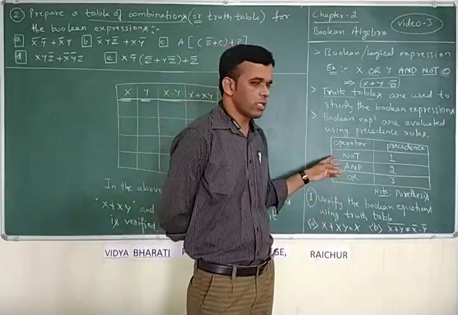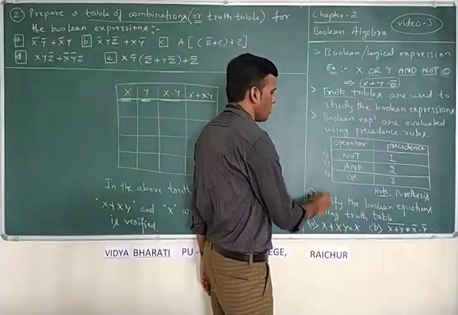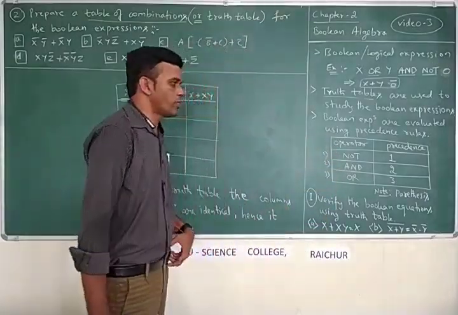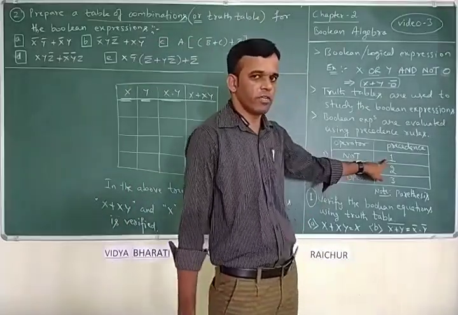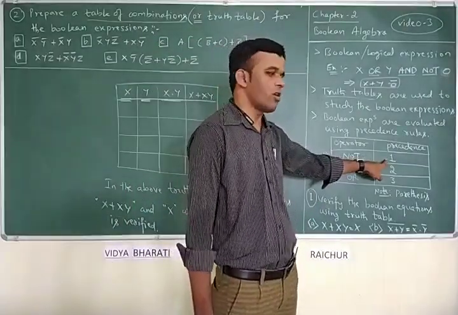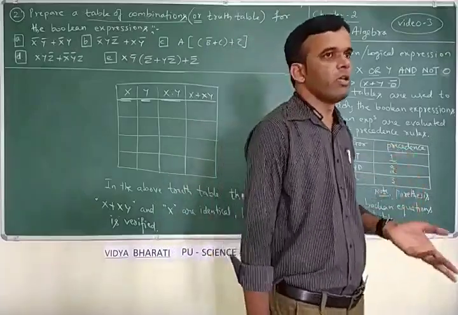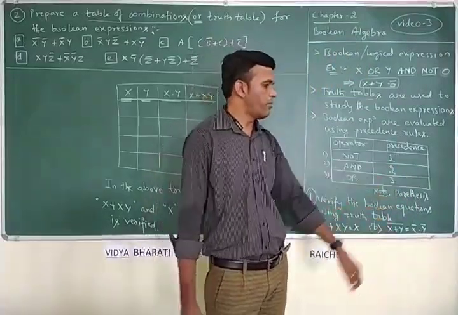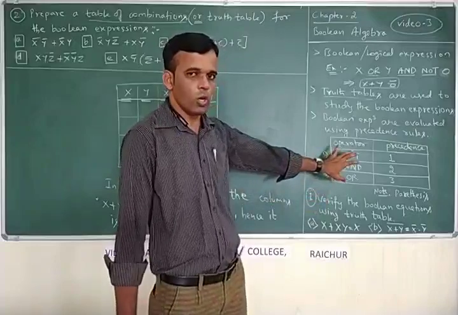Here there are 3 logical operators: AND, OR and NOT. For NOT we have to give higher precedence, first preference. For AND it is second priority, and for OR it's the last, third priority. So we have to follow the precedence rules.